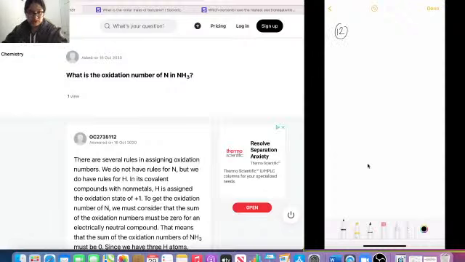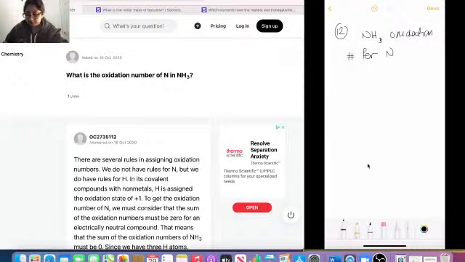Next question says, what is the oxidation number of nitrogen in NH3? So NH3, it's ammonia. There are several rules in assigning oxidation numbers.